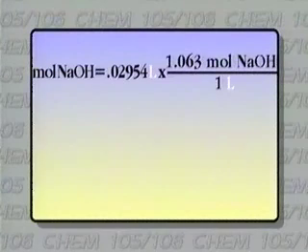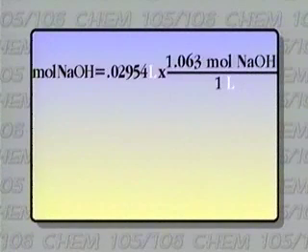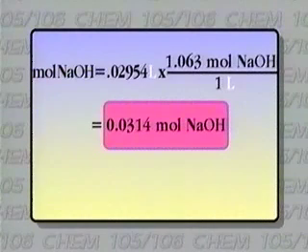So working that step, we have then 0.02954. Whoops, left a number on there. 0.02954 times 1.063. And we have 0.0314 mole NaOH.